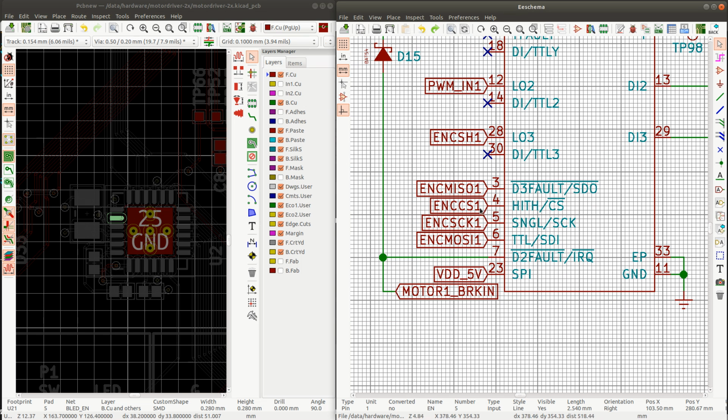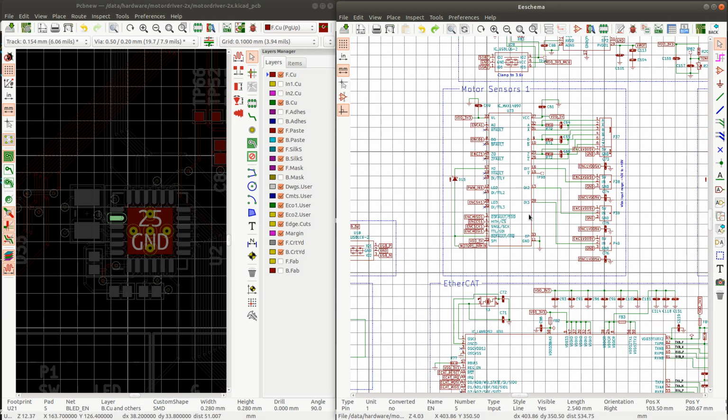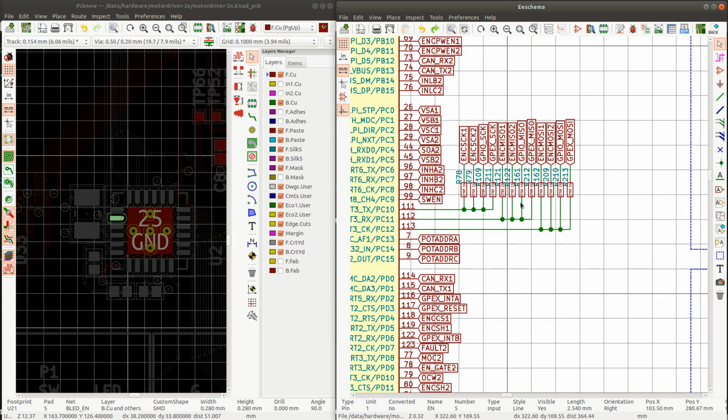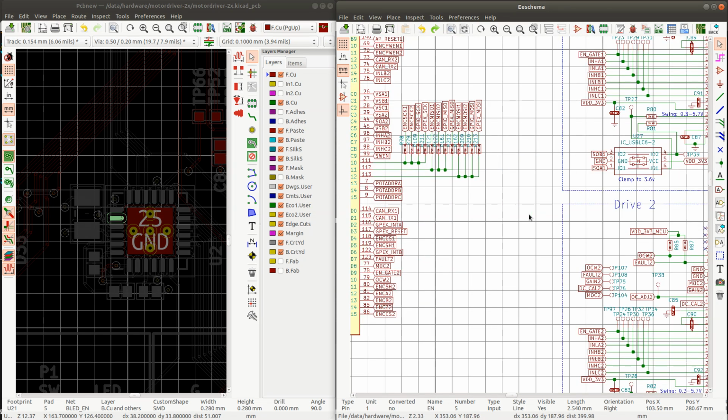Maybe it isn't getting any SPI signals. And this one is U24, that's not working.